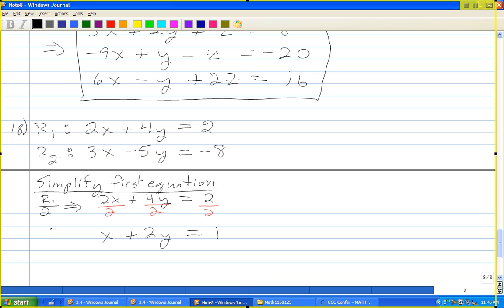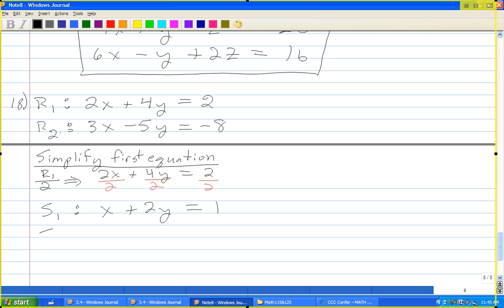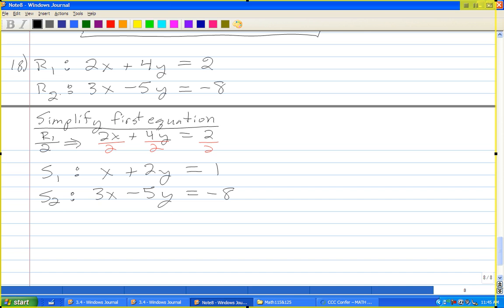I guess I'll just call that S1. Okay. And maybe I'll call the second one S2. So I can have all S's. And so now I want to somehow get rid of one of the variables, and so maybe I'll eliminate x.